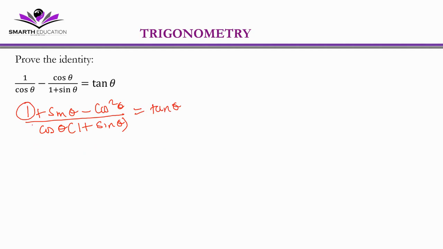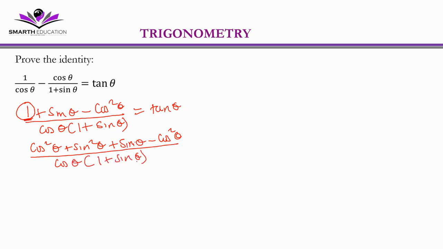So we are replacing this 1 with cos squared theta plus sine squared theta, then plus sine theta minus cos squared theta, all over cos theta times 1 plus sine theta, equal to tan theta.